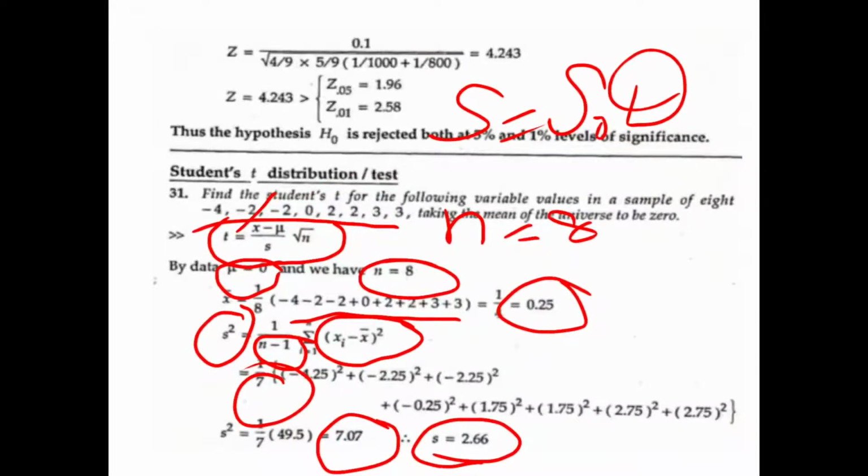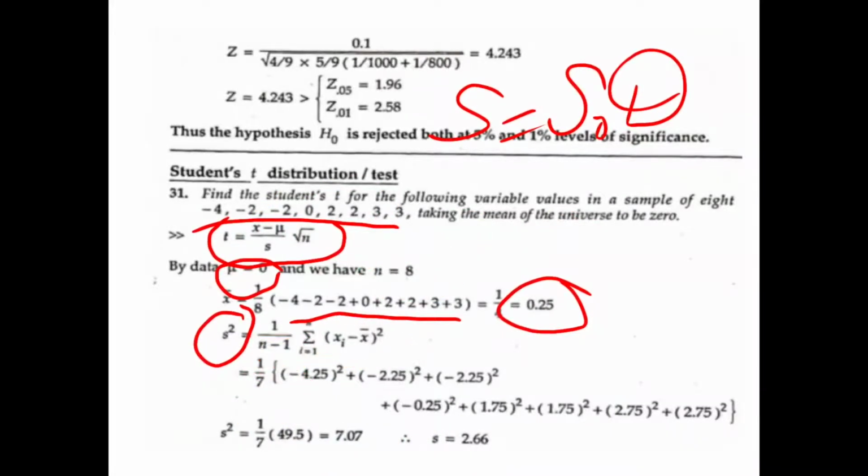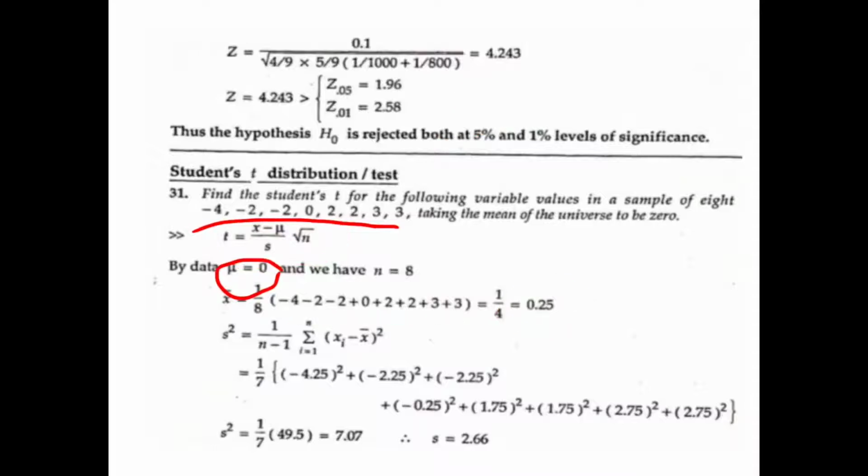How much is the t value? Let me write here and show you. So, we get t is equal to, how much was the x bar? 0.25 minus, what is the mean of the population?